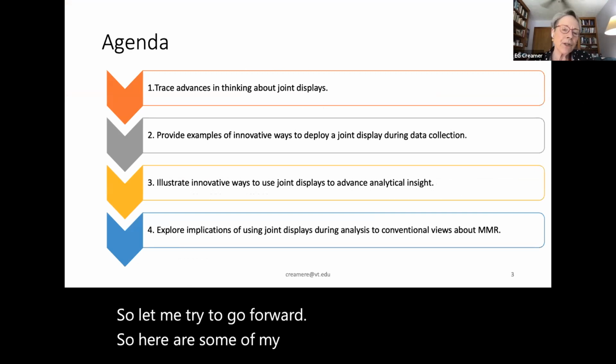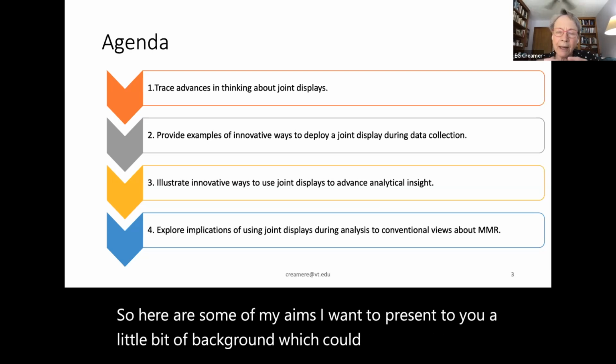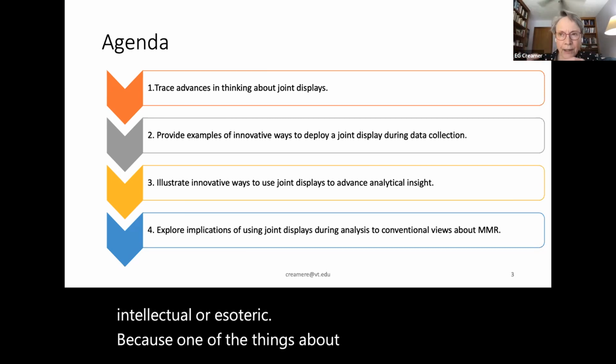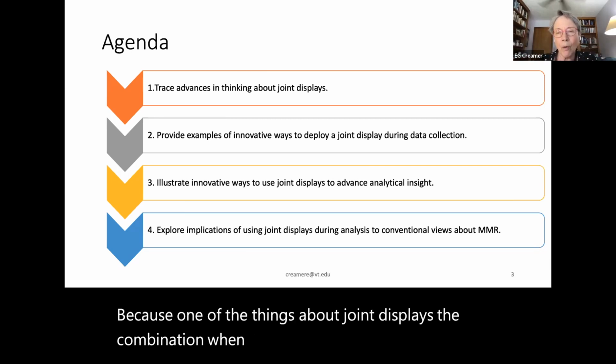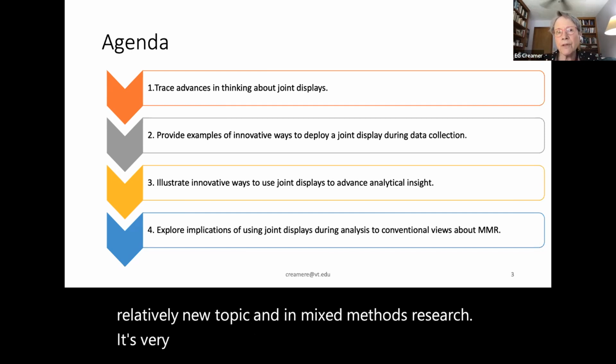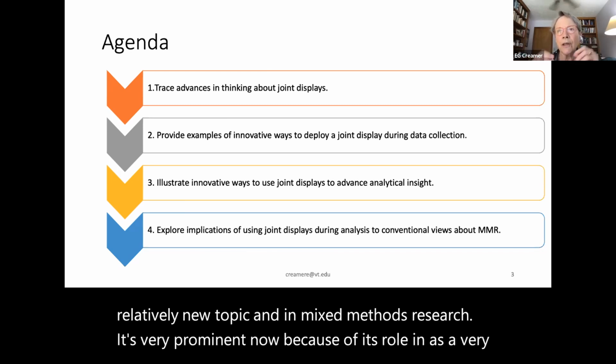I want to present to you a little bit of background, which could seem kind of intellectual or esoteric, because one of the things about joint displays, the combination when you integrate qual and quant, is that it's a relatively new topic in mixed methods research. It's very prominent now because of its role as a very ready tool to integrate.